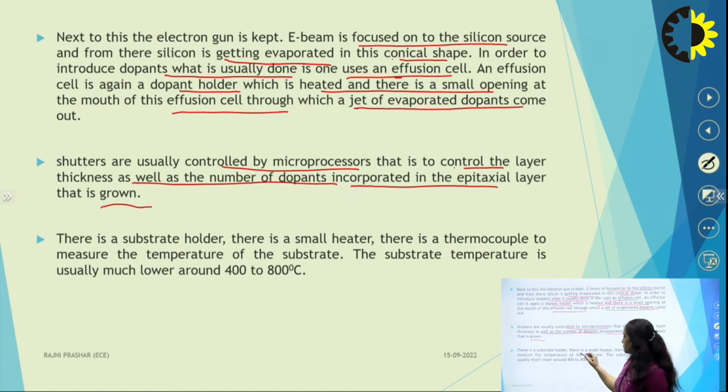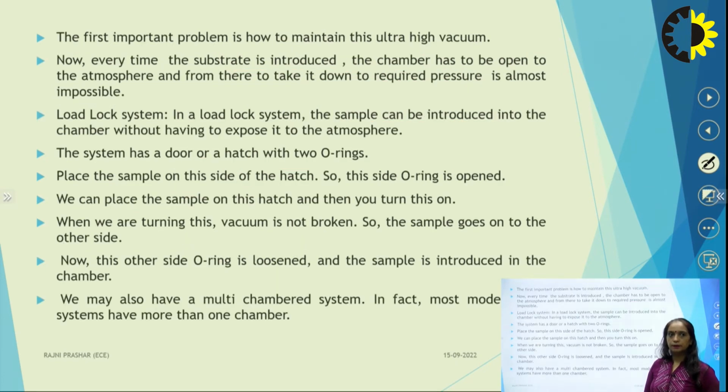Next there is a substrate holder, a small heater, and a thermocouple to measure the temperature of the substrate, and the substrate temperature is usually lower, around 400 to 800 degrees C.